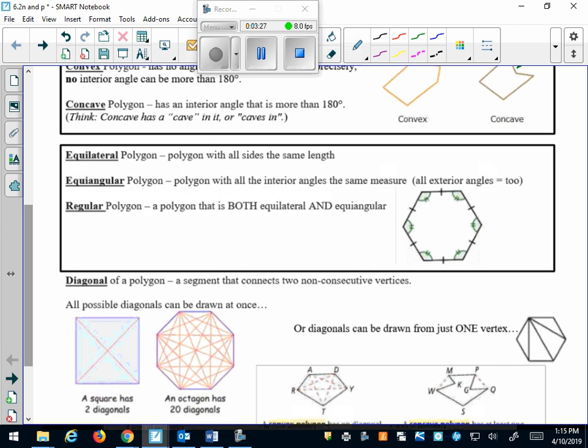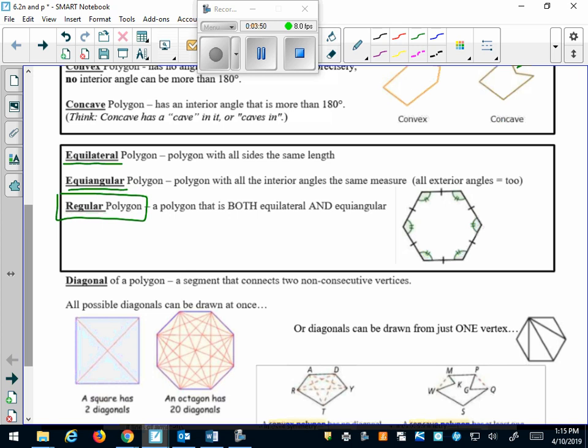All right, these three words. You've definitely heard equilateral, means all the sides are equal, and equiangular, which means all the angles are equal. But this might be new. A regular polygon. This is actually a really important concept and term that we're going to be using a lot.